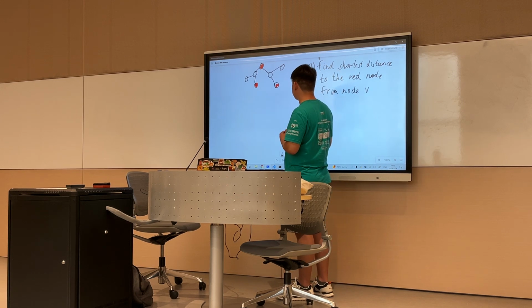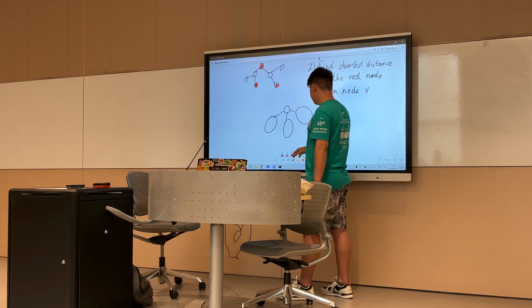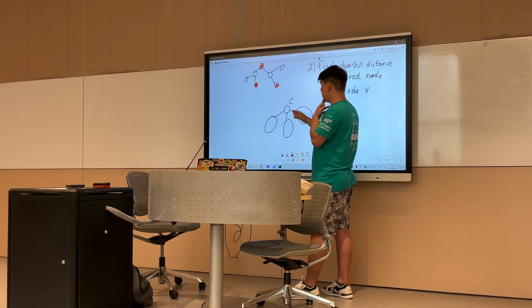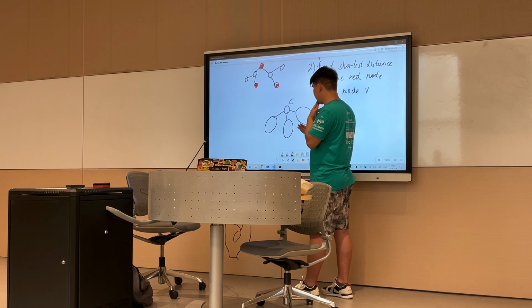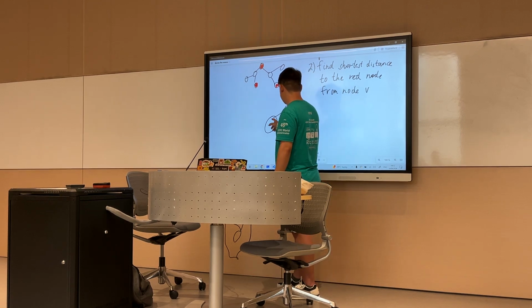What can we do? We have a centroid and some subtrees. That centroid controls all paths that go through the centroid C, and we can store for that centroid the nearest red vertex.